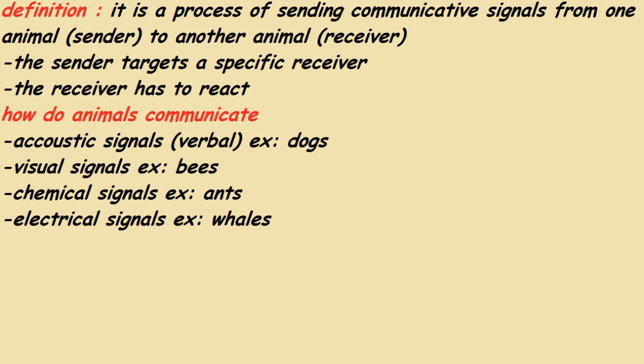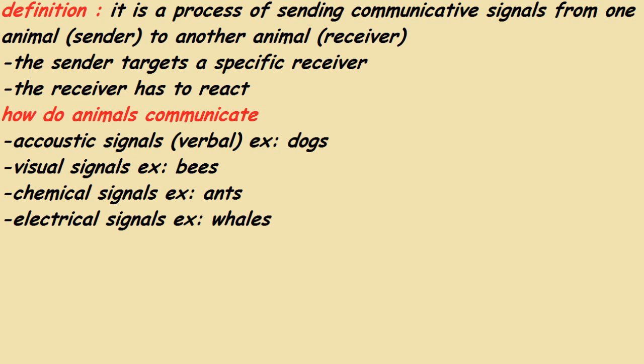And we have visual signals. This is quite important, like bees. Bees do not have to communicate through verbal signals. All they have to do is some specific gestures in order to send messages or signals to another group of bees, for example. And we have chemical signals, such as ants.